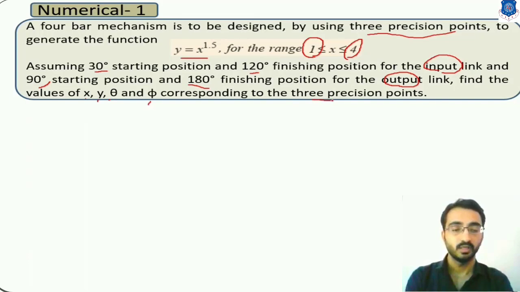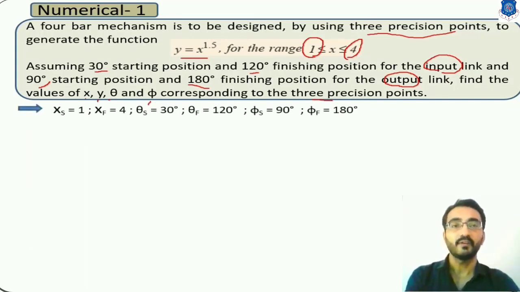Now let's first find some basic given data. Here the value of x varies from 1 to 4, so x starting is equal to 1, x finishing is equal to 4, theta starting is equal to 30° and theta finish is equal to 120°, because theta here is the angle of the input link.